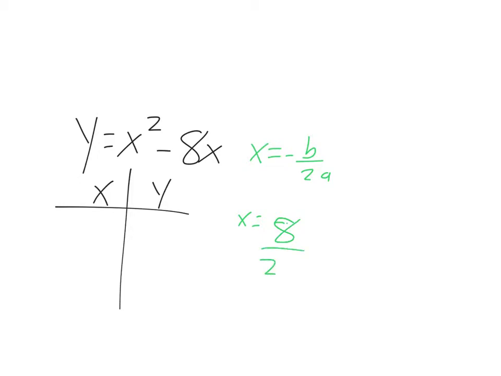What's my a value? 1. So that's 8 over 2, which is 4. So that means 4 needs to be that middle value I plug in. So I'm going to pick some things less than 4 and some things greater than 4 to plug in. And we're not going to take time to do that, but just make sure we know how to find that middle point, that vertex of my parabola.